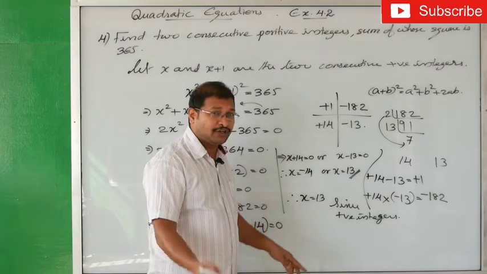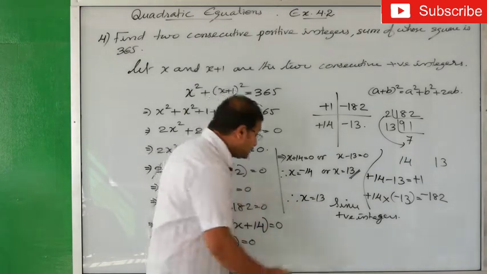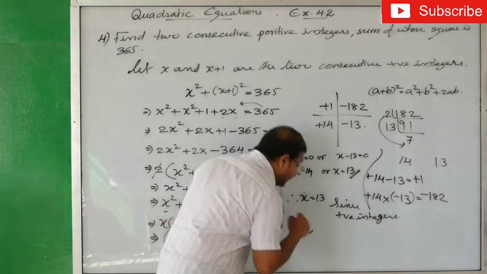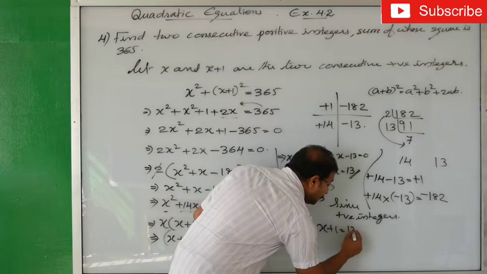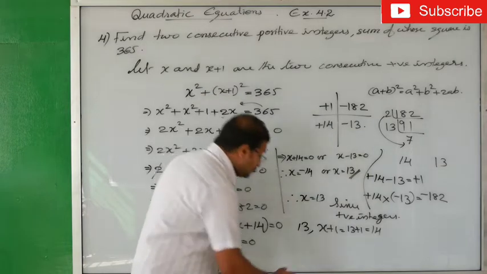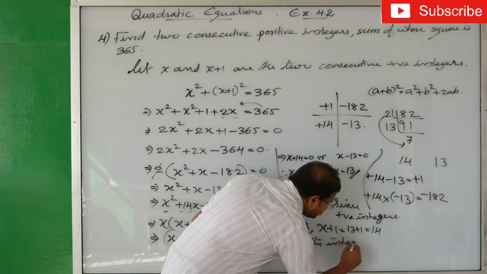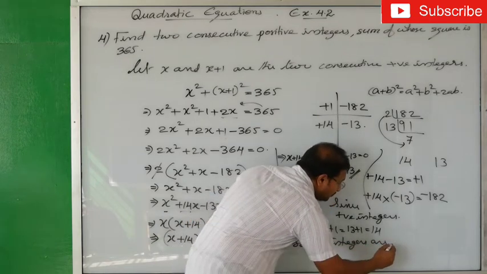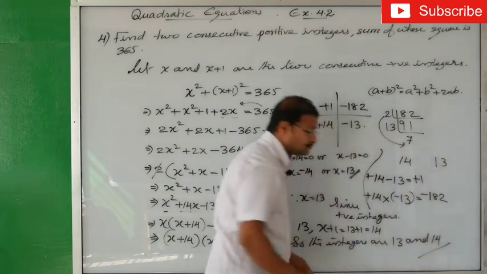And if you got 13, the next term is x plus 1 equals 13 plus 1 equals 14. So the integers are 13 and 14.